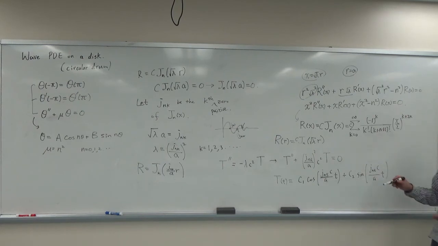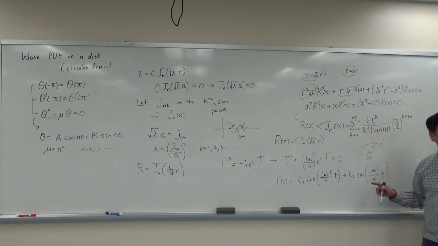Right? So there's a formula for angular frequency: omega equals 2 pi f, where f is the frequency. So if you take this value and divide it by 2 pi, that's the frequency of this thing.